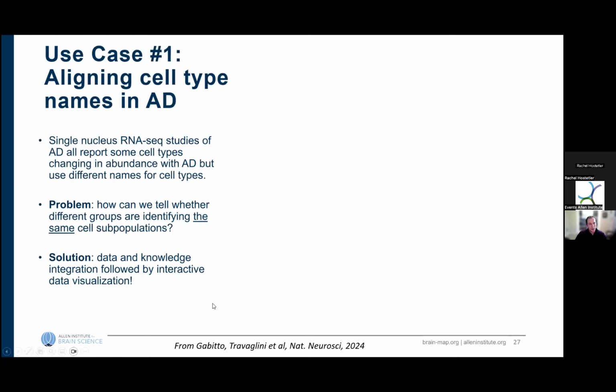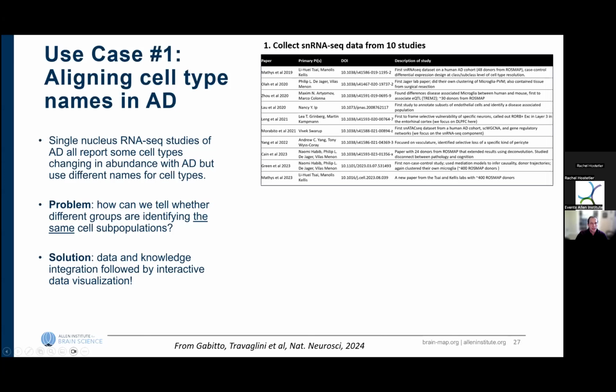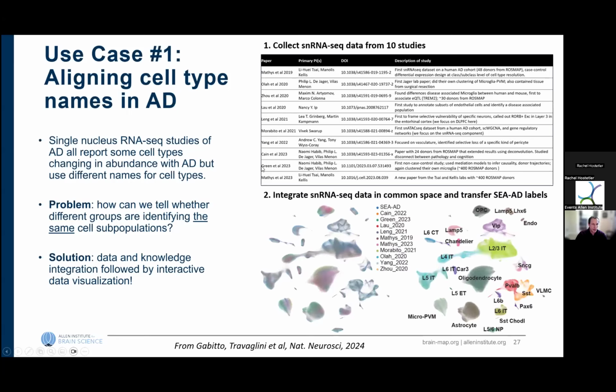How this data and knowledge integration was done is already published from Gabito, Travaglini et al. as part of our CAD project, where basically they took the 10 different studies of Alzheimer's disease, reprocessed all the single nucleus RNA sequencing data, and then integrated it into one space so that the cell type assignments from CAD could be given to the cells from all of these other studies.